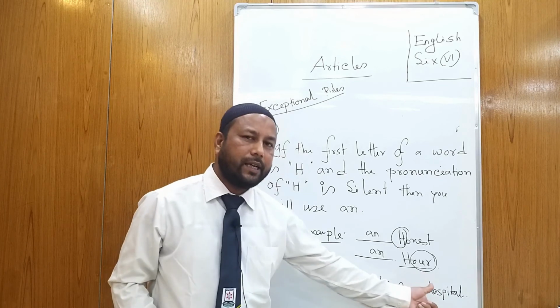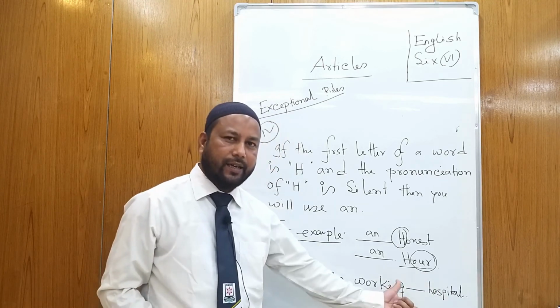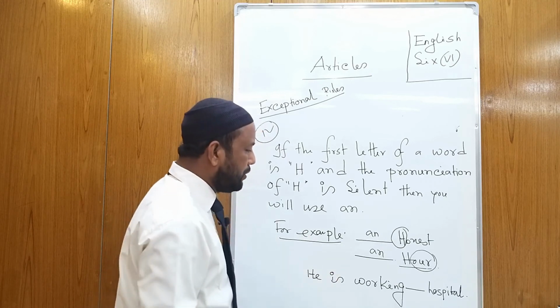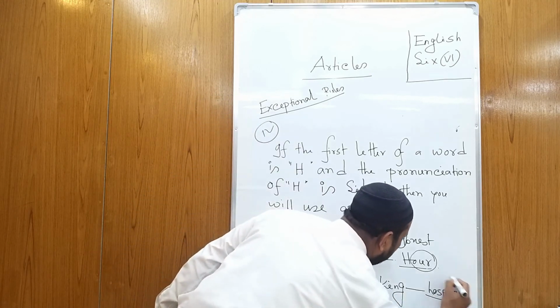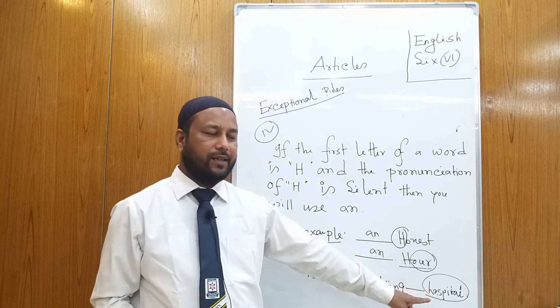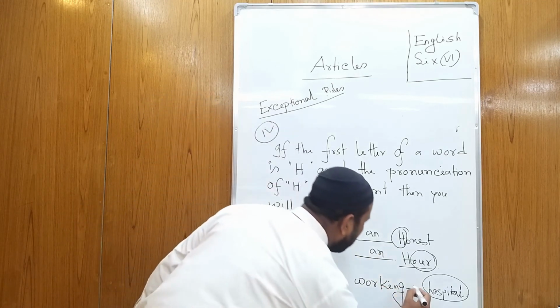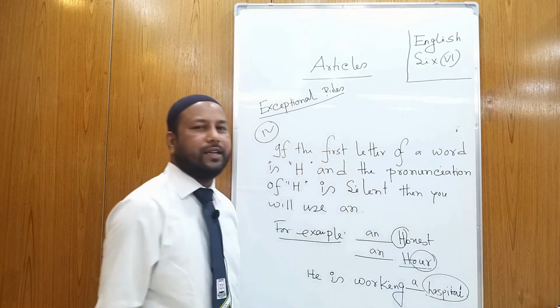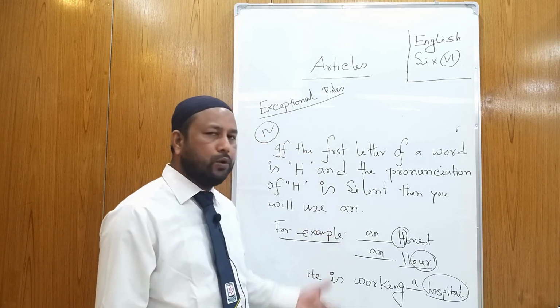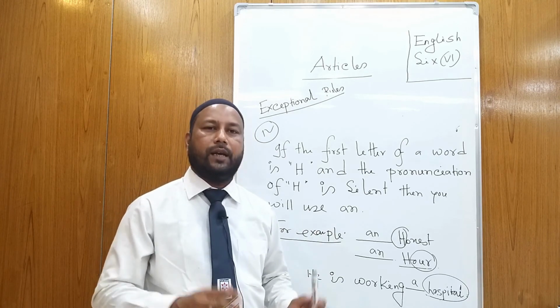What kind of article do you use here? "A" or "an"? I think here is a confusion. I will clear it for you. Here, if you pronounce this word, it is not silent, it is "hospital" with an H sound. That's why we will use "a" here, not "an". I hope you will understand both the examples and rules.